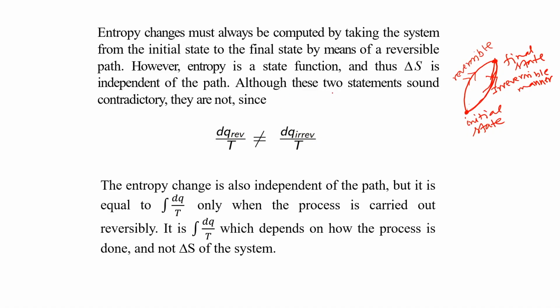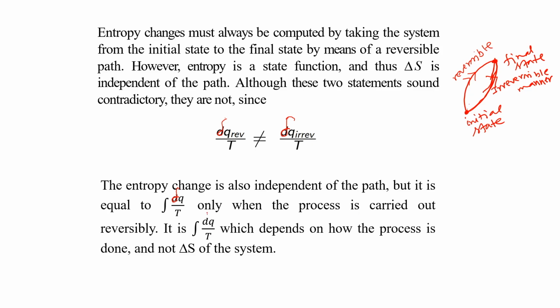Thus, although these two statements sound contradictory, they are not, since delta Q reversible by T is not equal to delta Q irreversible by T. The entropy change is equal to delta Q reversible by T only, when the process is carried out reversibly.